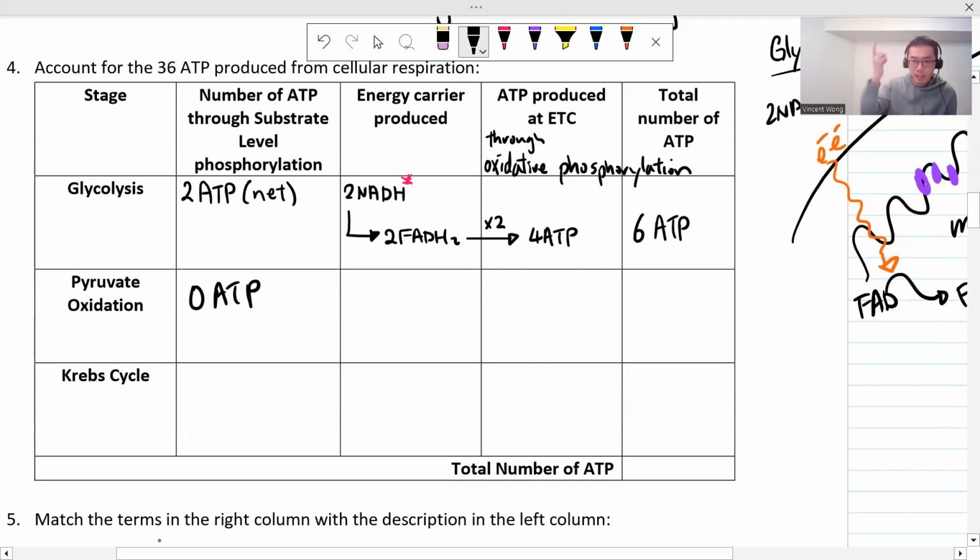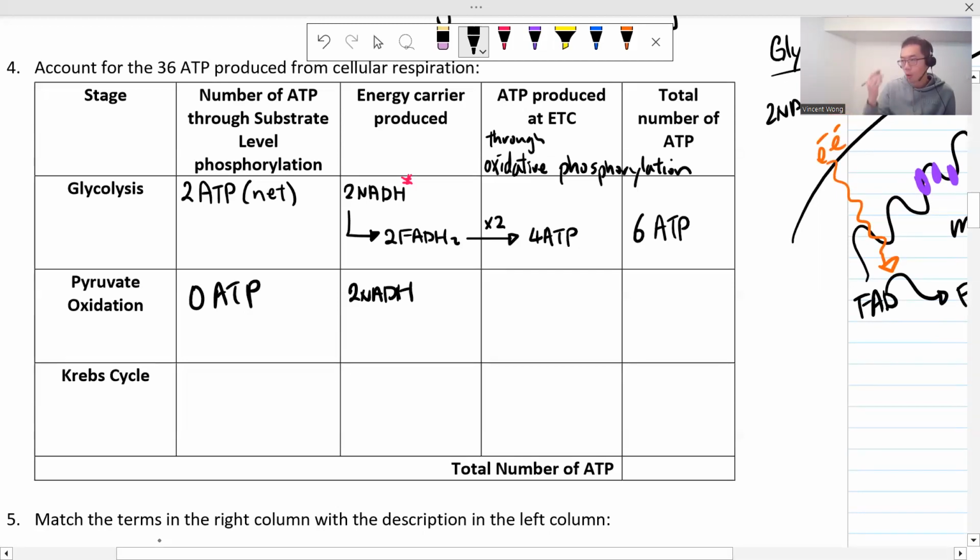Number 1, removing carbon dioxide. Number 2, produce NADH. And number 3, add the coenzyme A. So no ATP is produced directly. That's why it's 0. But you do have 2 NADH for every glucose.